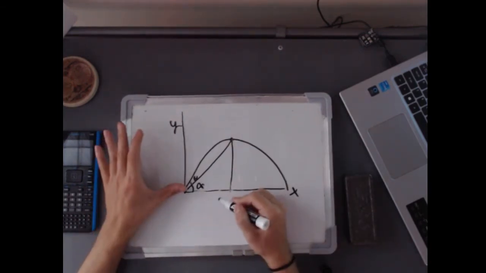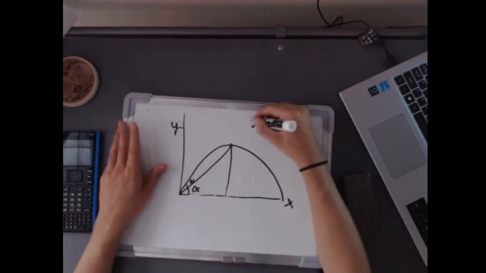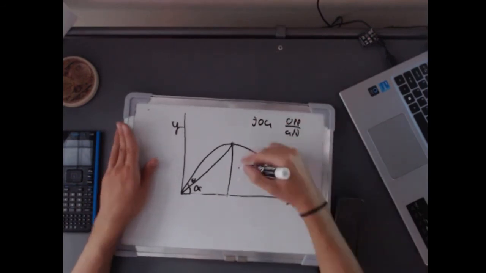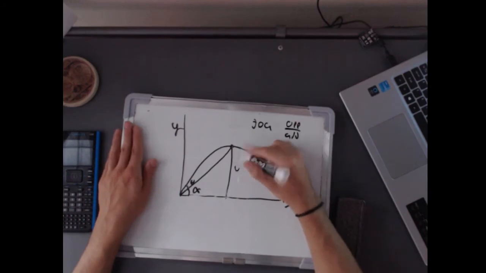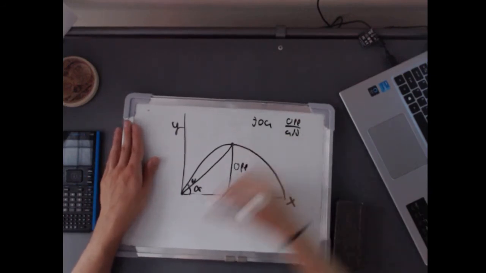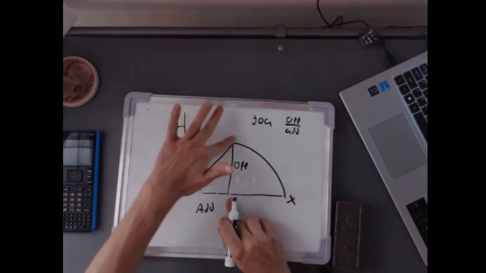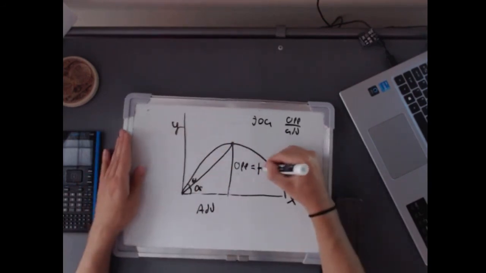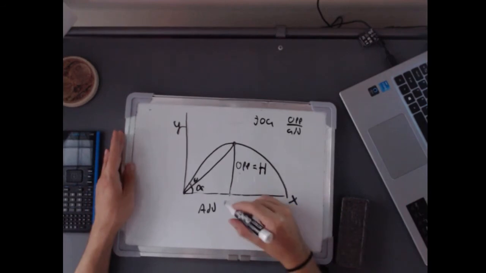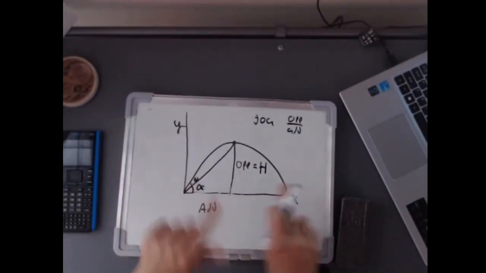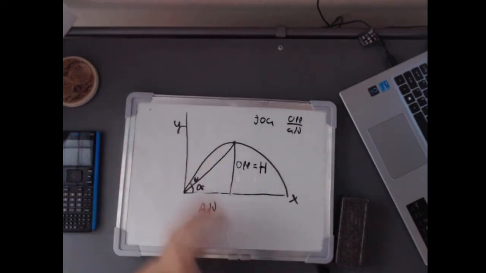The tangent of alpha is going to be equal to TOA, opposite over adjacent. When you think about it, the opposite at the highest point is going to be equal to h. The adjacent is 1/2 of r, because h is at the halfway point, so it'll be half of r.